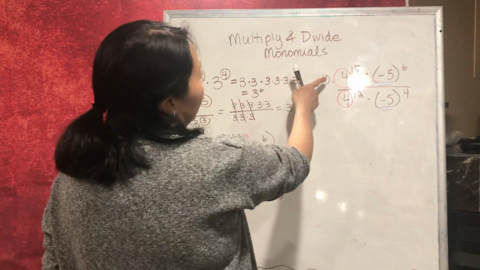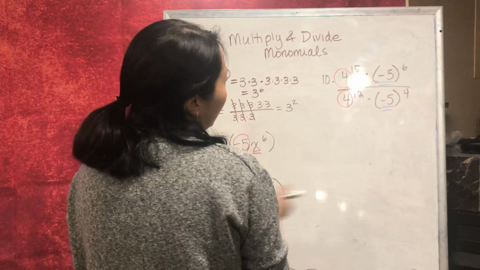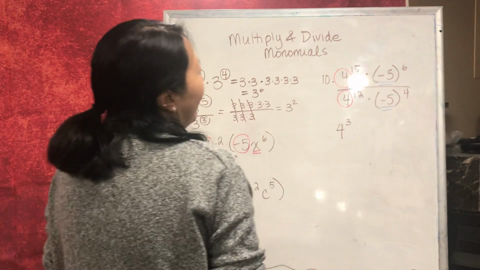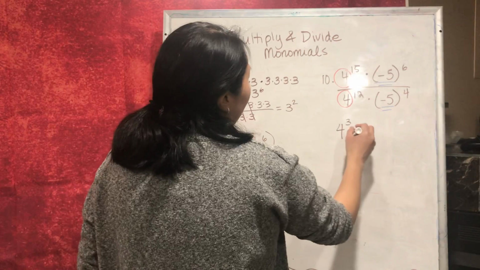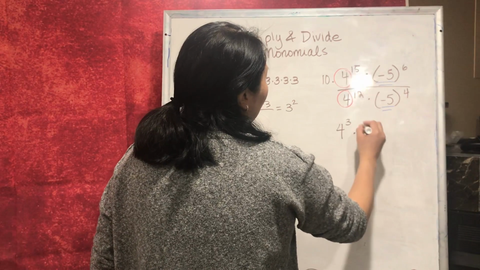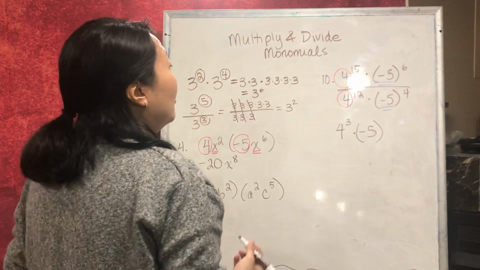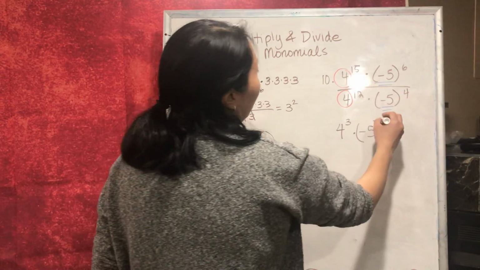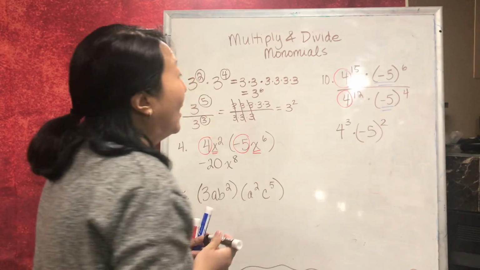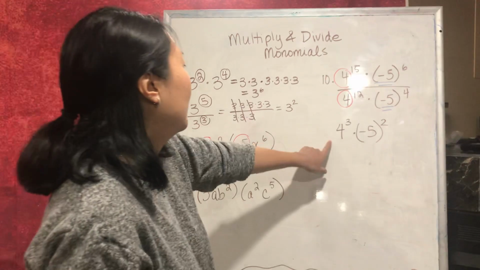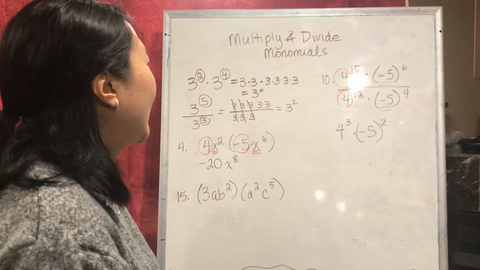So 4 to the 15th divided by 4 to the 12th would just be 4 to the 3rd. And similarly, negative 5 to the 6th divided by negative 5 to the 4th would just be negative 5 to the 2nd. Then I can stop there because these bases don't match, so I can leave it like this.